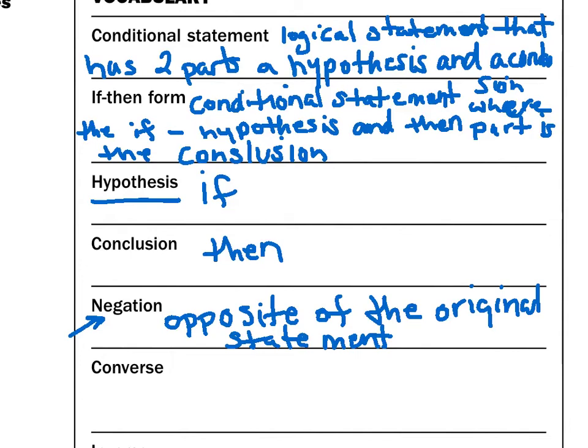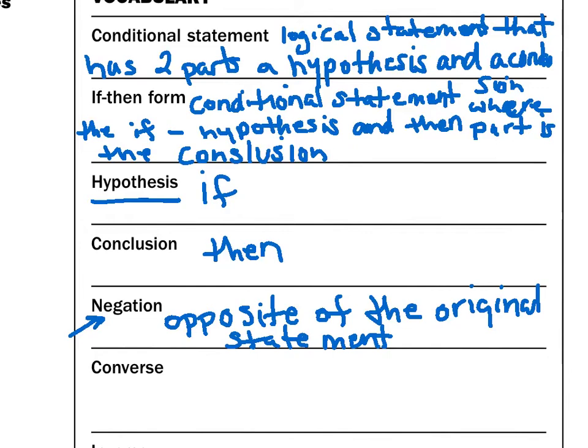So if somebody comes up to me and says, we shouldn't have homework on Tuesday, the negation of that would be me saying, yes, we shall have homework on Tuesday. Again, I didn't say a negative sentence. It was just opposite of the one he said.